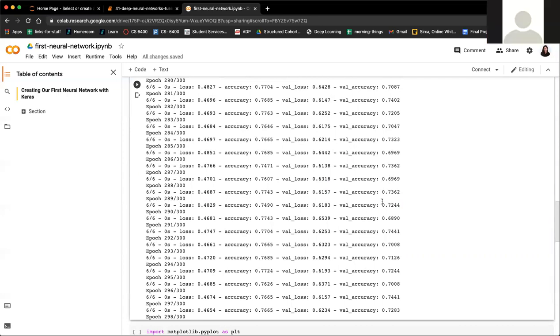Okay. And in those epochs, why are there two sets? There's loss and accuracy, then val loss and val accuracy. This is the training data, and this is the testing data. Is it comparing the training and the testing data, or just looking at one set? It's kind of looking at them together.